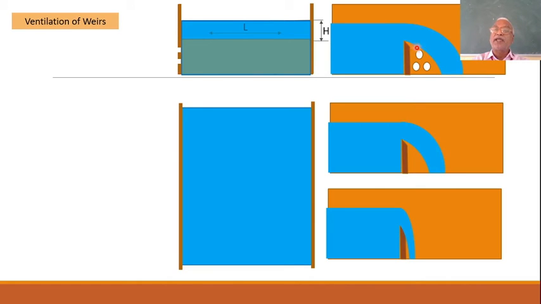Even if it sucks air, the air will be generously provided by these vents. This itself is known as ventilation of weir, where the Cd and the discharge calculation are not disturbed. Otherwise, the nappe will become a clinging nappe and the discharge will not be as given by the equation.